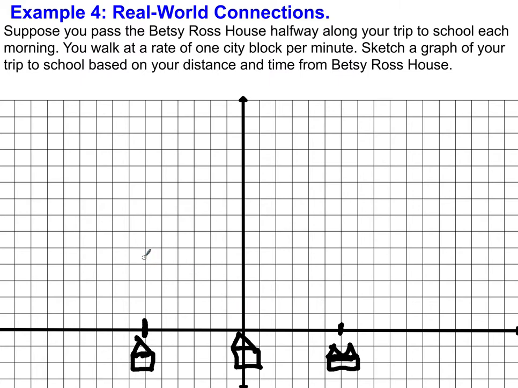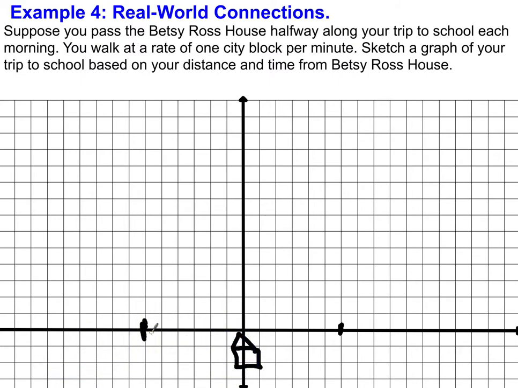Okay, suppose you pass Betsy Ross's house. You walk at a rate of 1 city block per minute. Sketch a graph of your trip to school based on your distance and time from Betsy Ross's house. So this is actually, these shouldn't be houses, these should be times. Sorry about that. This will be the time that I pass Betsy Ross's house.